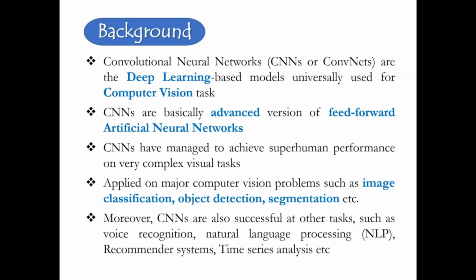Then they are applied on different types of computer vision problems like image classification, object detection, image segmentation, and many more. And not only these computer vision tasks, they are also being applied in different types of problems like voice recognition, natural language processing, recommender systems, and time series analysis.